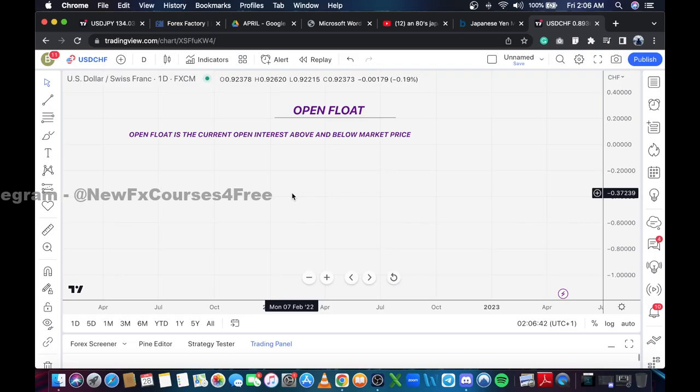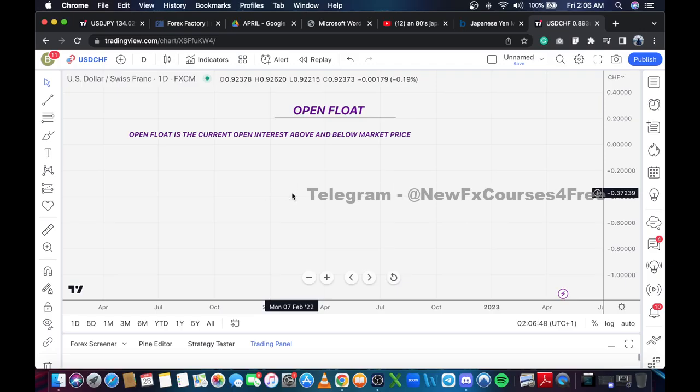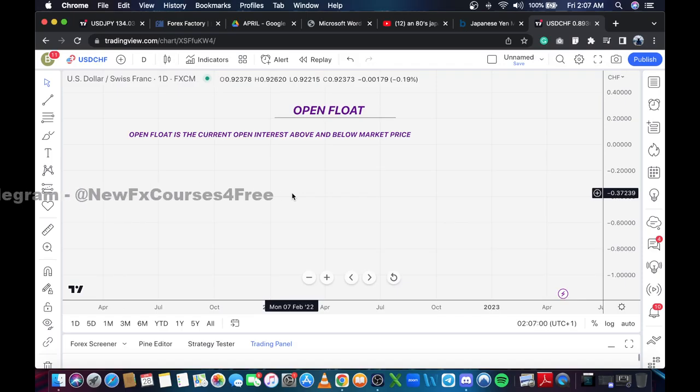Okay, so when we talk about open float liquidity, we simply mean the total open interest of market participants that are in the marketplace or hope to be in the marketplace, depending on where price goes relative to their pending orders.